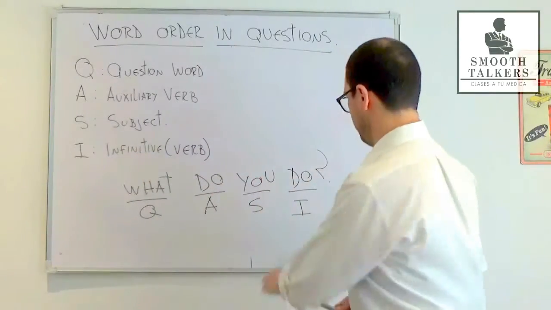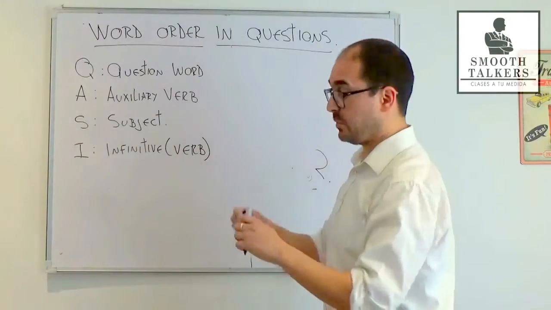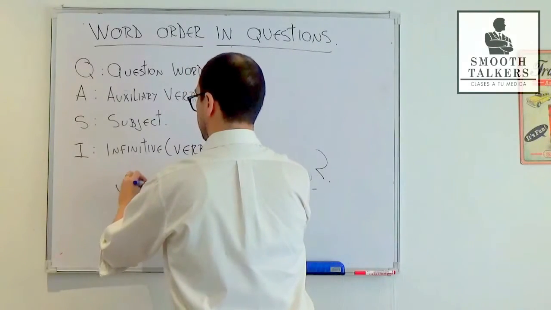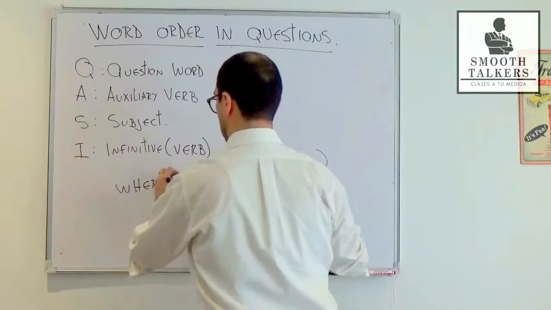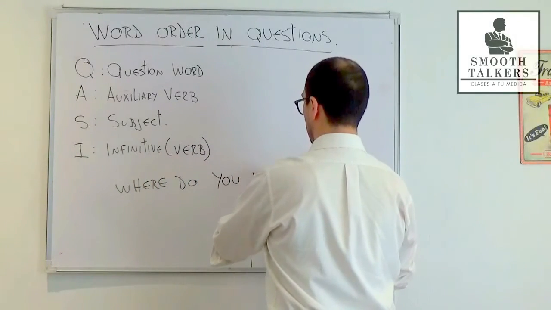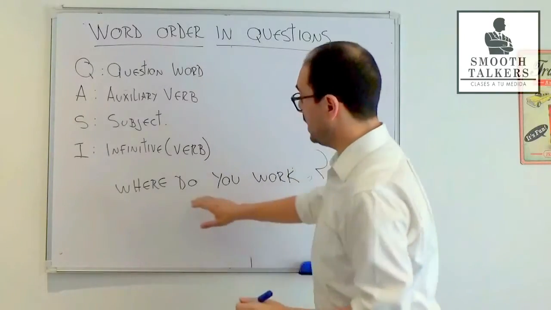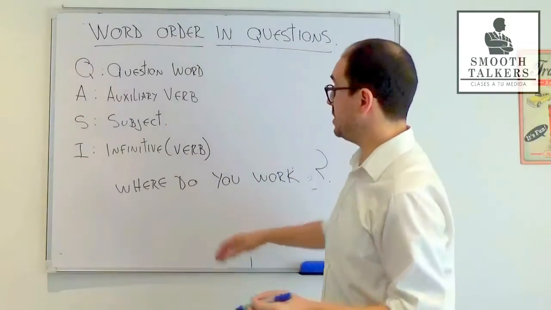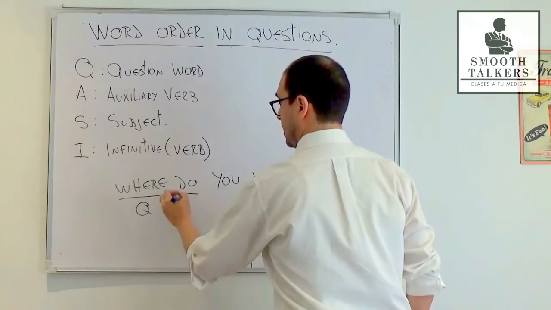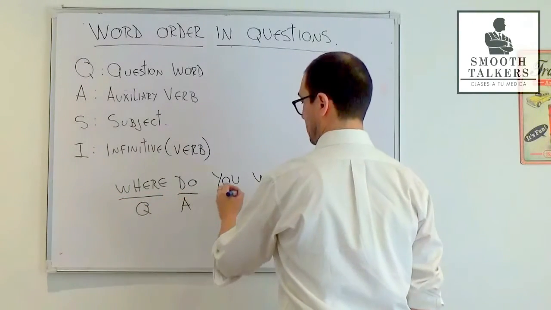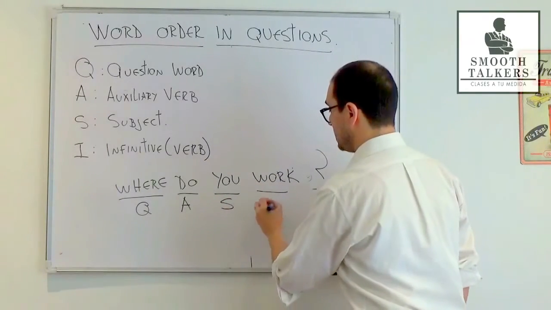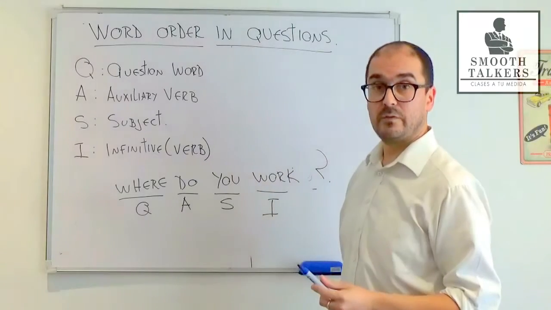Let's try another one. Let's make a question in simple present, for example. Where do you work? Now, this is a proper question because we have a question word, an auxiliary verb, a subject, and an infinitive verb.